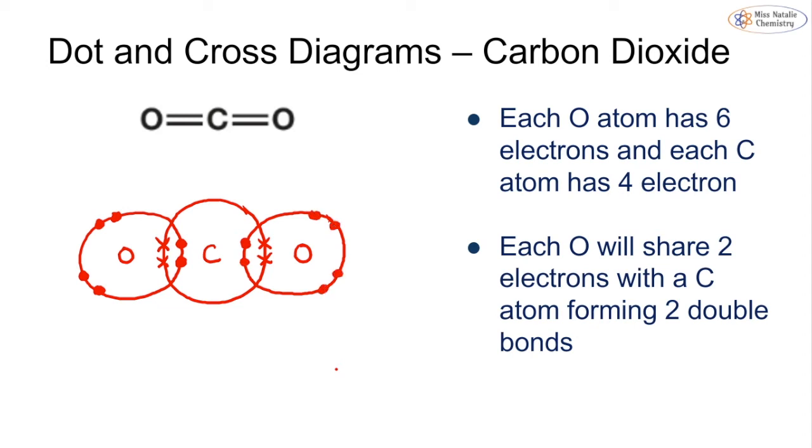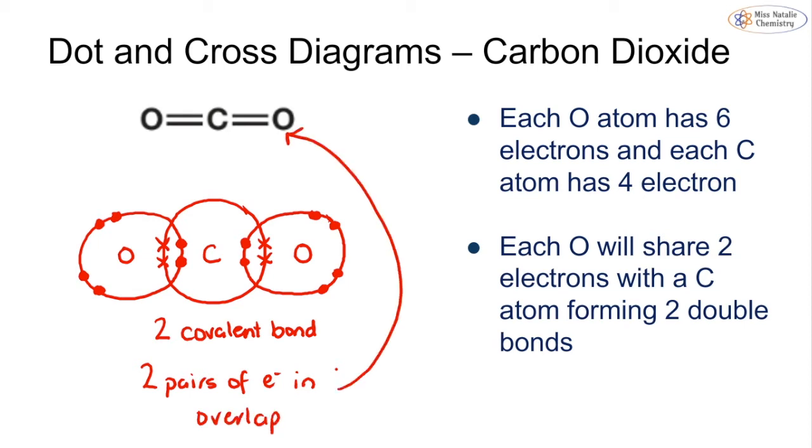And that then gives us in each one 2 covalent bonds, or a double bond, because I have 2 pairs of electrons in the overlap. And we can see that here, where we have a double bond on either side of the carbon.